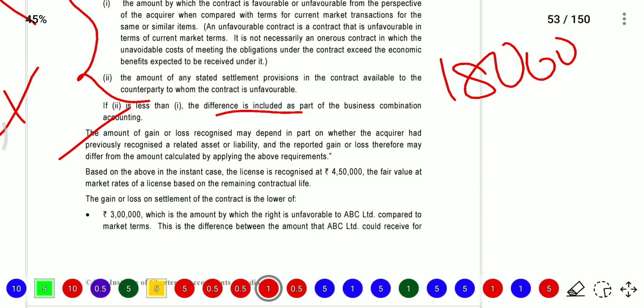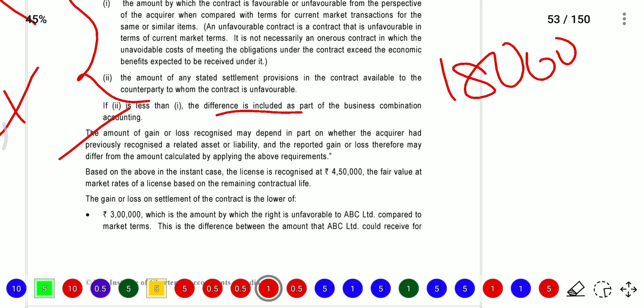Now the amount of gain or loss recognized may depend in part on whether the acquirer had previously recognized any related assets or liability and reported a gain or loss that may be different from the amount calculated by applying the above requirements. If any recognition was made in the past, we need to adjust that amount. If there is none, we will recognize accordingly.